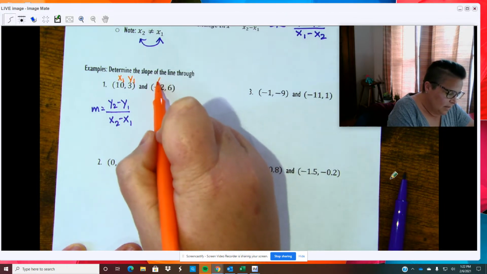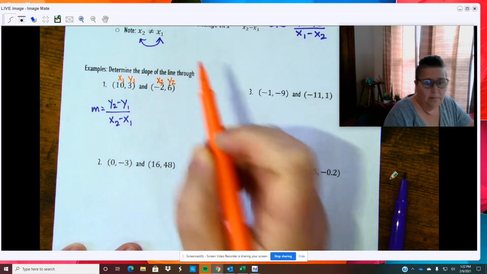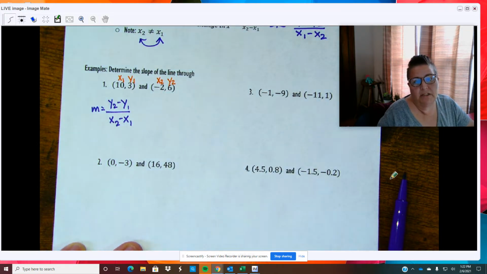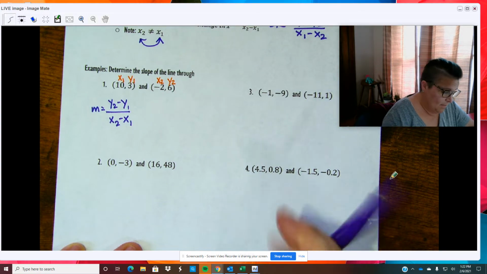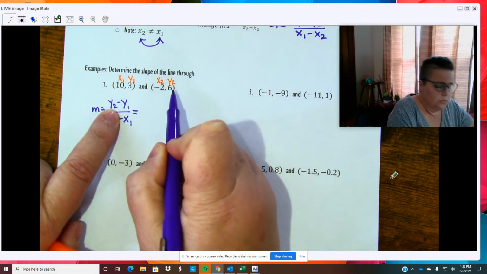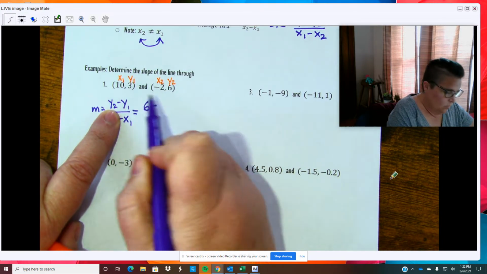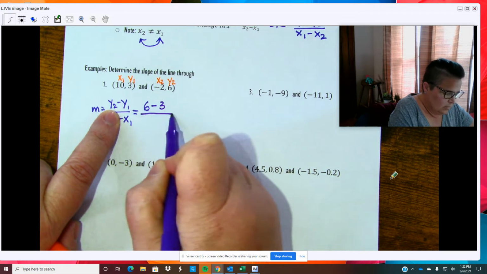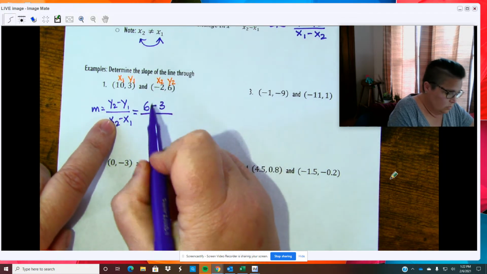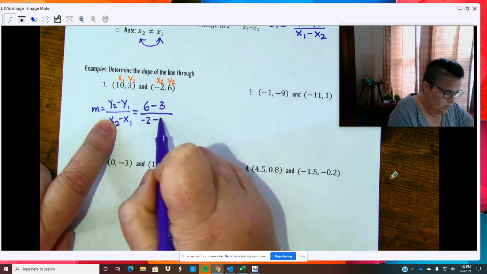This then would be xy, but this is my second x and my second y. So x2, y2. That means when I make my substitution, I have to do y2, which is 6, minus y1, which is 3, over x2, which is negative 2, minus x1, which is 10.